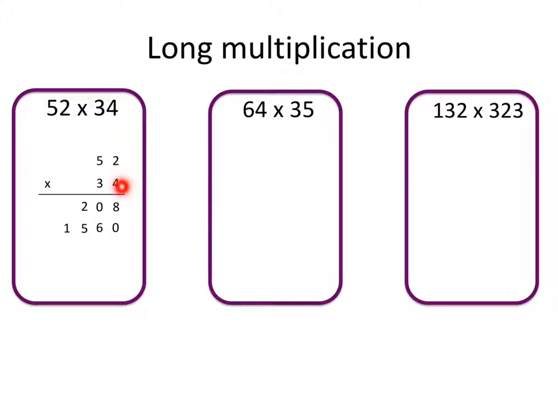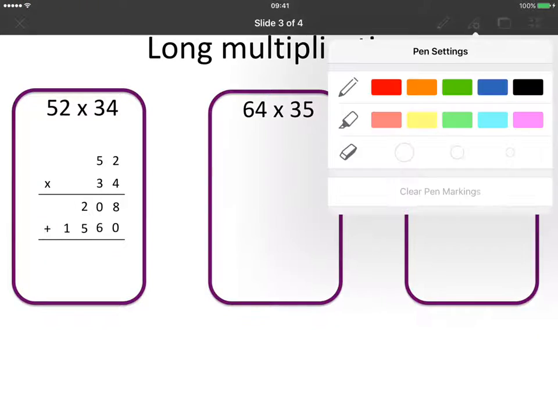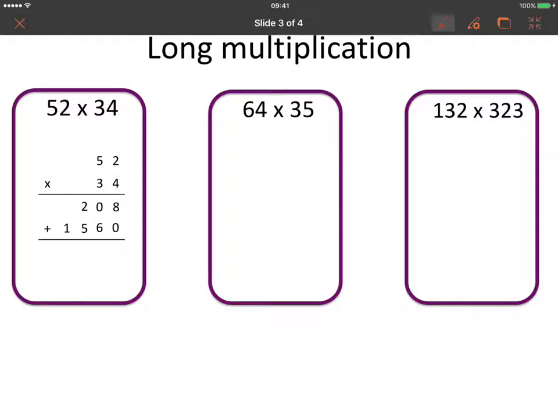Now that I've multiplied 4 by everything at the top and 3 by everything at the top, I can do an adding. So let me just get a quick highlighter out here. There we go. If I take the 8 and I add the 0, I should get 8.